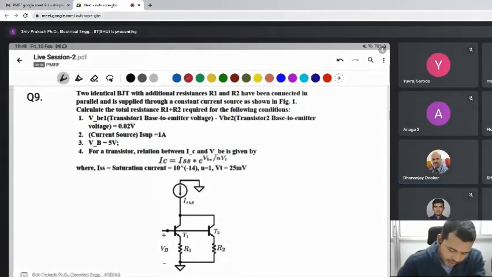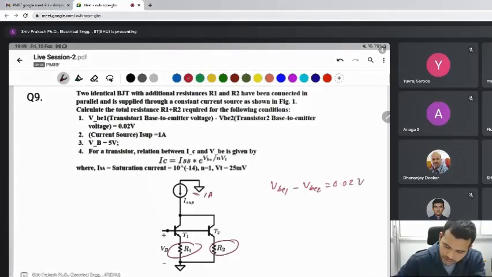These two resistors, R1 and R2, are connected in parallel and supplied through a constant current source, given as 1 ampere. VBE1 is given, and VBE2 is given as 0.02 volt less.